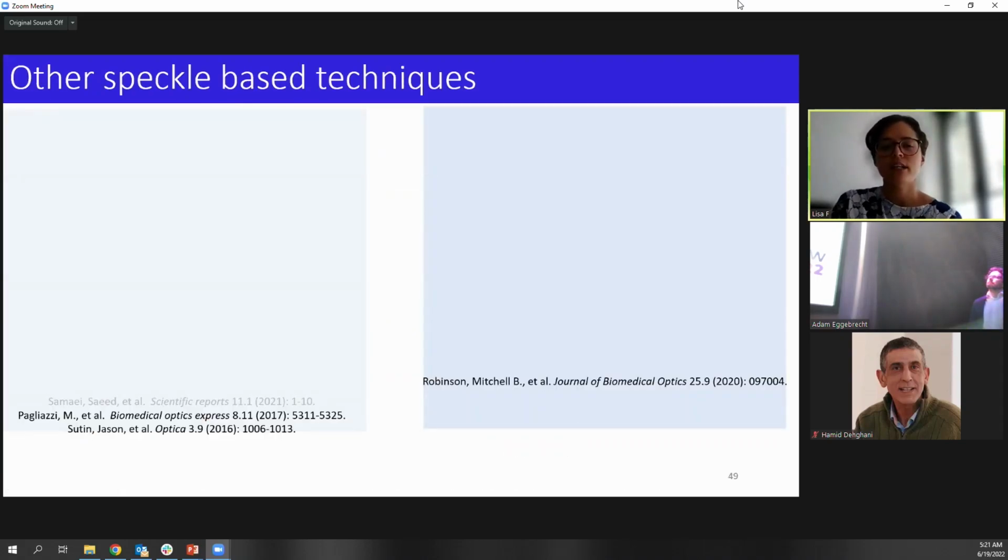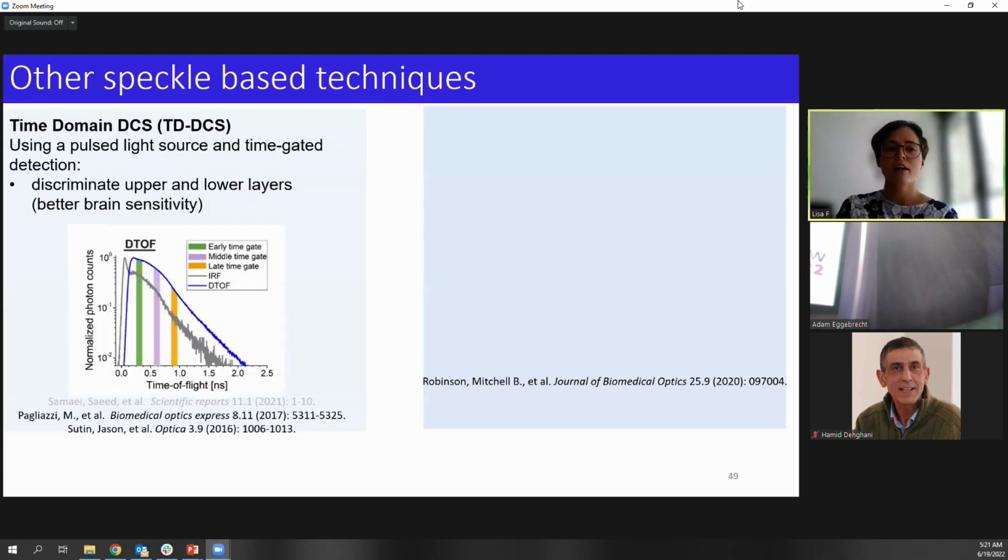So I've been talking now about standard DCS. However, a lot of other speckle-based techniques do exist, so I think I should talk about those as well. So we have time domain DCS, which uses a pulsed light source and time-gated detection, which allows us to discriminate better between the upper and lower layers, which means that we have better brain sensitivity.